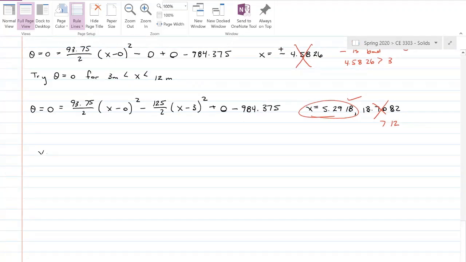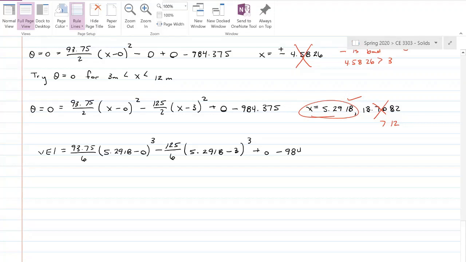So v EI is equal to 93.75 divided by 6 times 5.2918 minus 0 cubed, minus 125 divided by 6 times 5.2918 minus 3 cubed, okay, plus 0 because it's still less than 12, minus 984.375 times 5.2918, and then plus c2, which is 0.